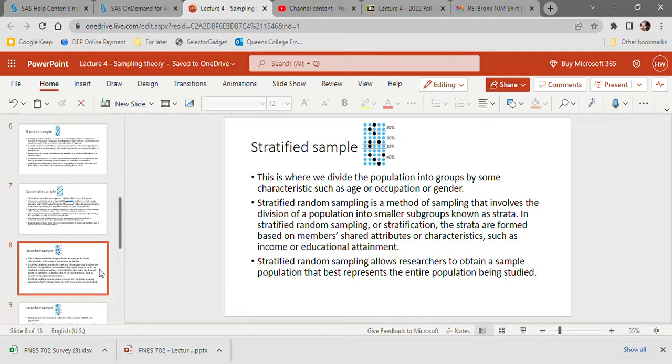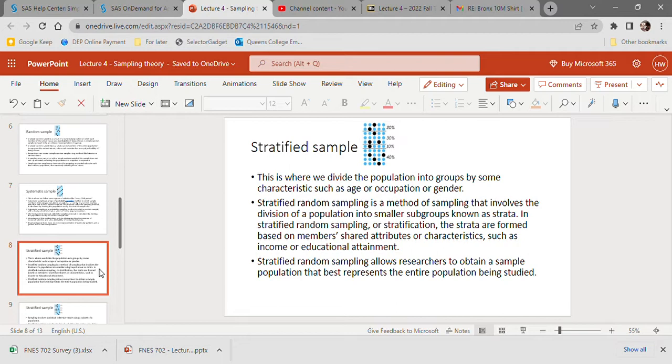Well, major is one of them, right? Whether you're nutrition and exercise science, you're a dietitian, or you're a PE major, right? These are strata that you can use. We can do age or age groups, right? Individuals that are 18 to 25, 25 to 30, 30 to 35, et cetera, et cetera.